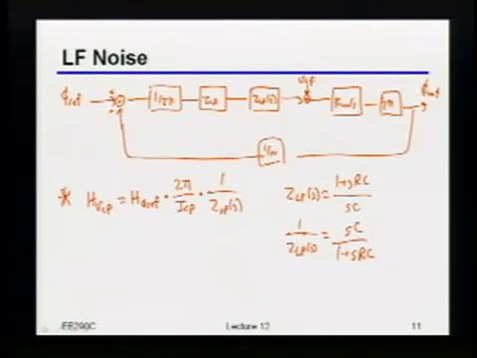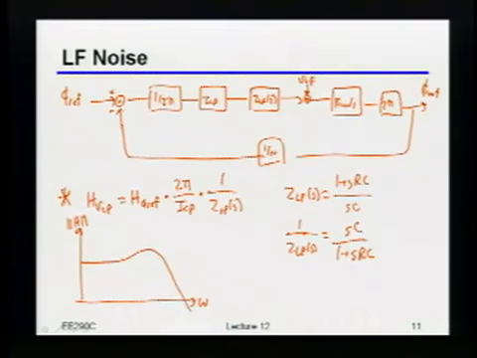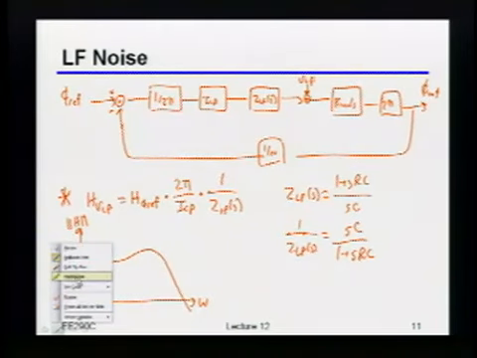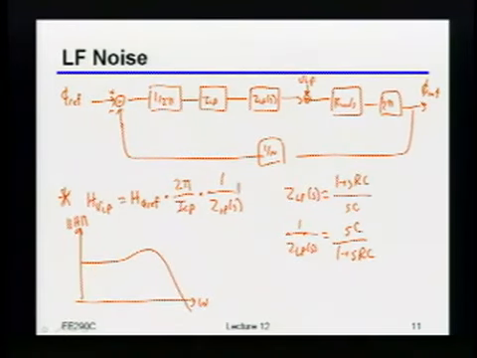Hopefully many of you have seen this before, but just to make it clear why, if I plot what that says about all of these different transfer functions: remember, this was our nominal reference transfer function, some sort of low-pass behavior. But we've now said that we have to take that and normalize it by 1 over Z loop filter.